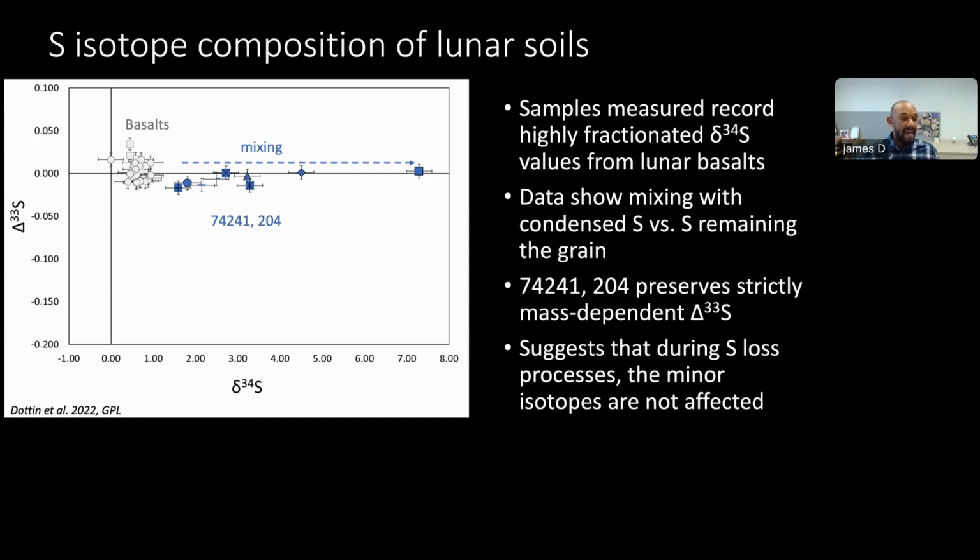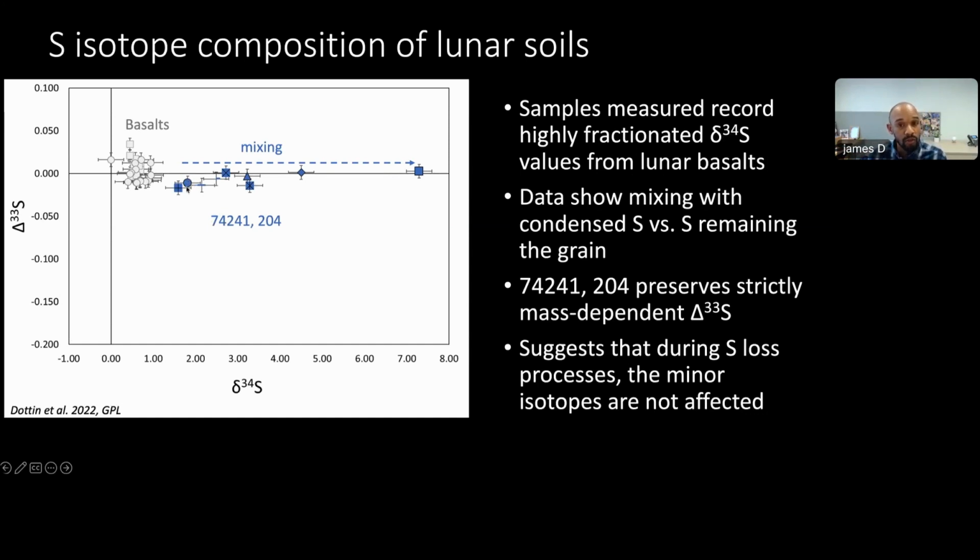So if we look at the cap delta 33S, that mass-independent fractionation tracer for sulfur, versus the delta 34S isotopic composition, as I showed earlier, the delta 34S compositions are fractionated towards more positive values, say for 74241.